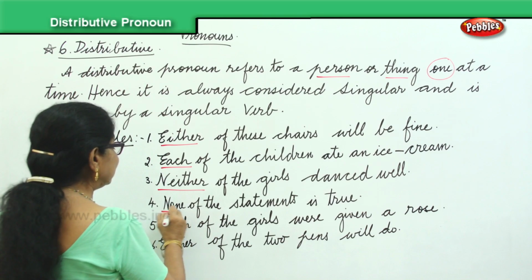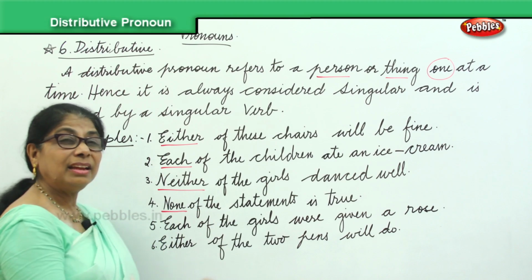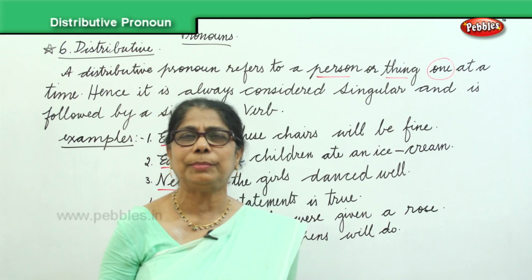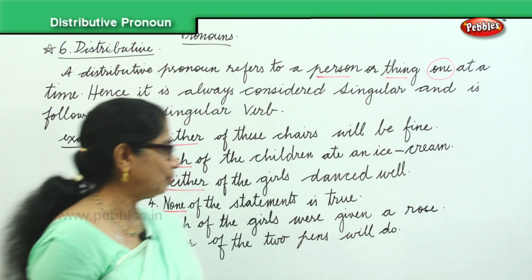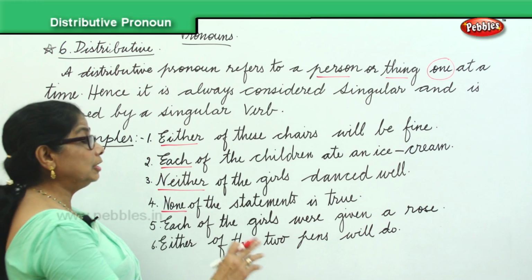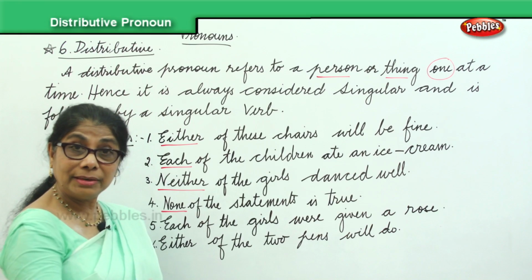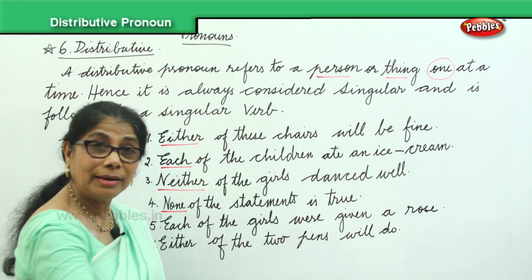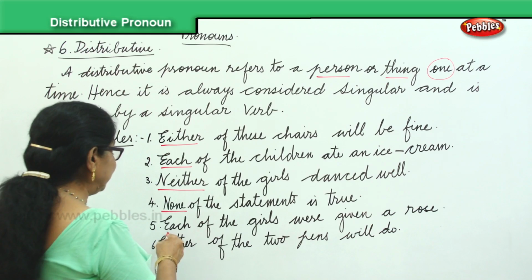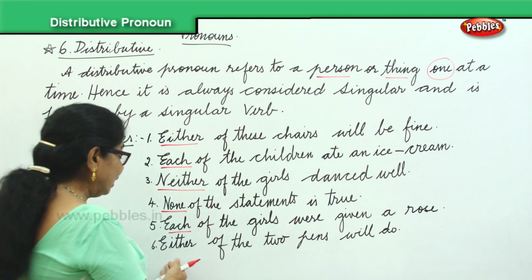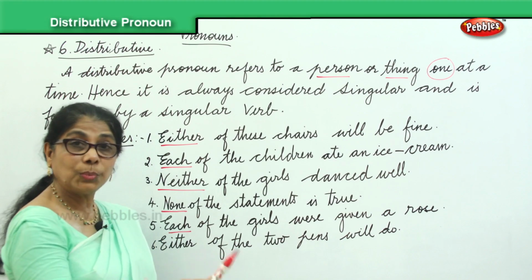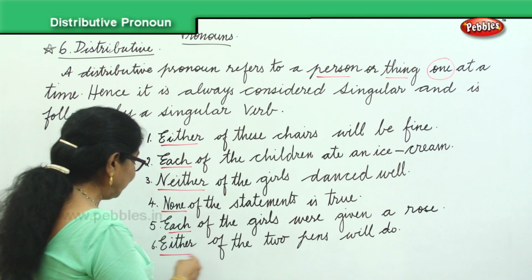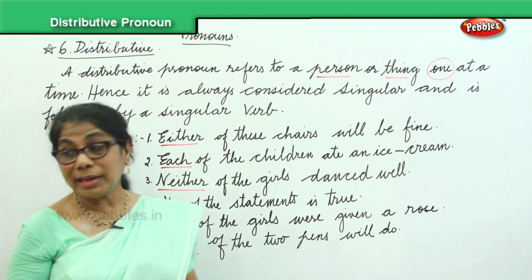So, maybe a lawyer is taking up some case and he says, none of the statements, not even one statement is true. None. Each of the girls was given a rose. There were maybe 5 girls there and each girl was given a rose. Either of these 2 pens will do. This pen or that pen.